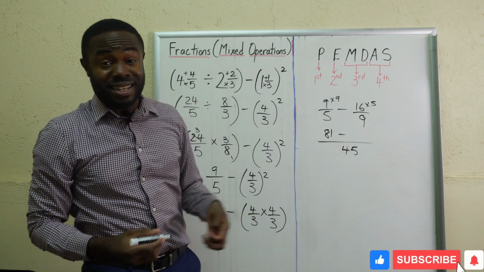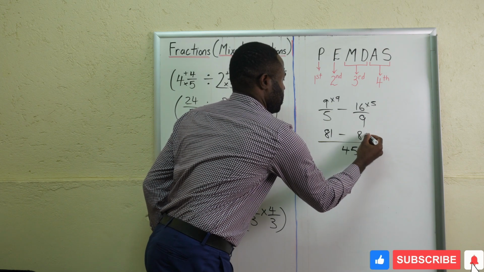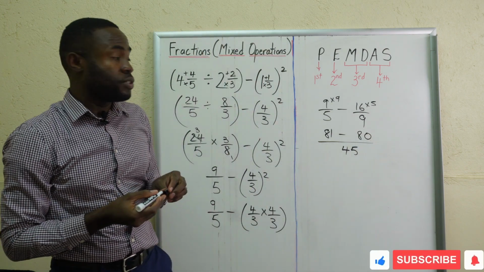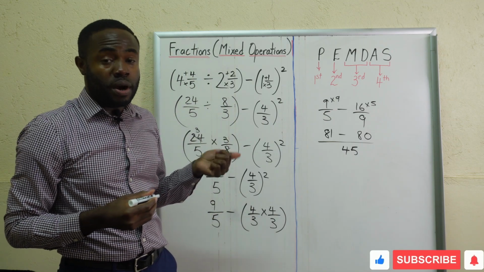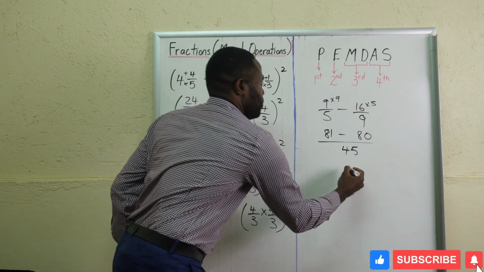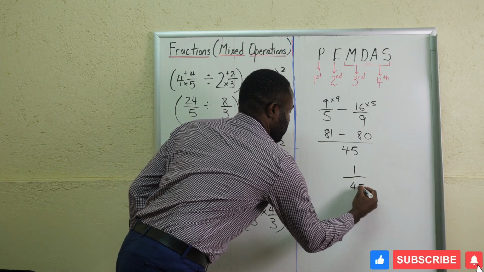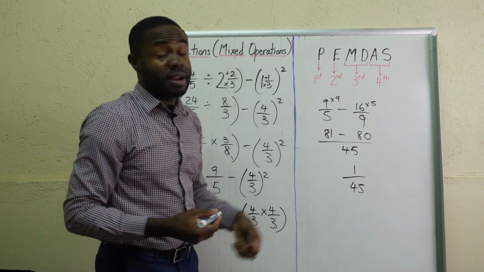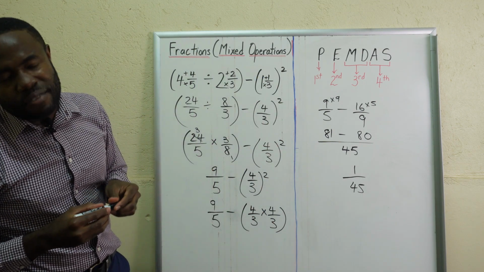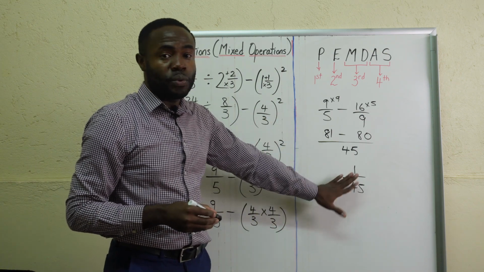So that will be 16 times 5, and 16 times 5 is simply 80. So we're going to subtract what on top right here. So it's 81 minus 80, and that will be equal to 1 over 45. So we can conclude now that this long, unattractive, difficult looking problem is simply reduced to 1 over 45.